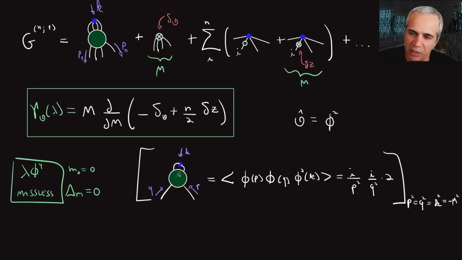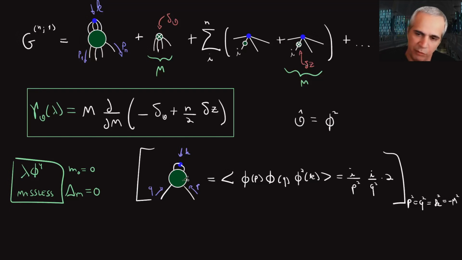So these loops can be complicated, could be infinite, could be anything, right? But at this particular scale, I have the same I have at tree level, right? At just the leading order for this object, right? And this is a renormalization condition that will fix the counter terms once I calculate this at one loop, right?